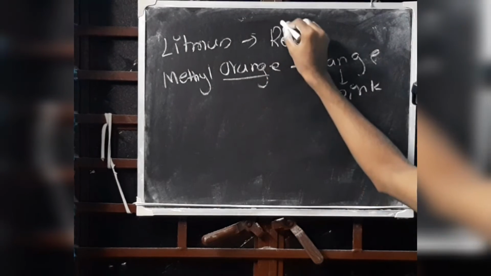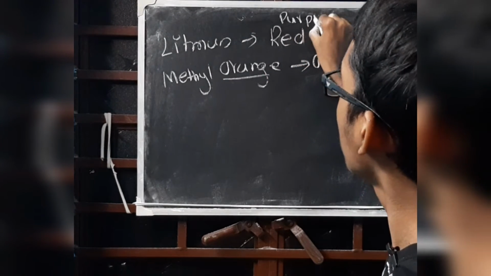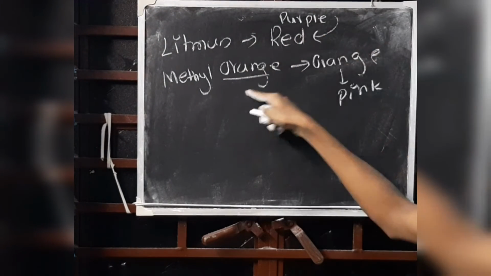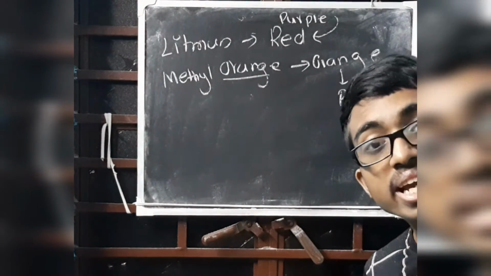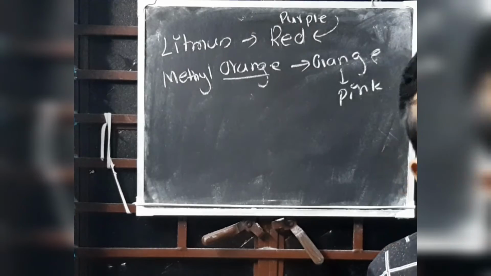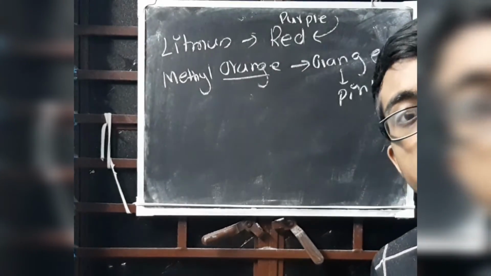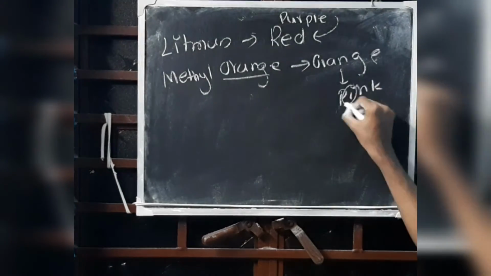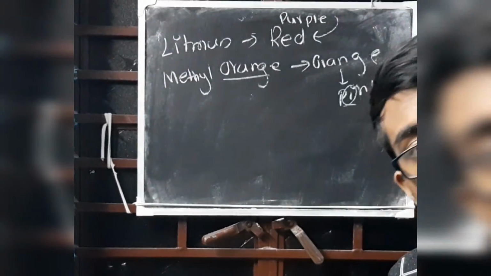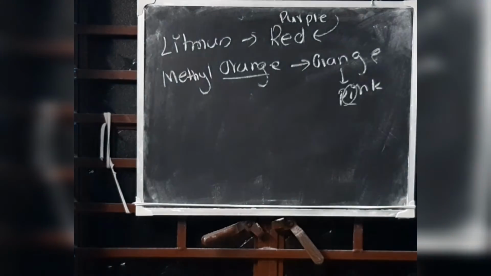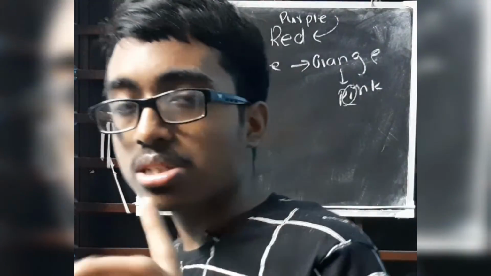Original color for litmus is purple, changes to red. Original color is given in the question. Orange changes to what? Pink. Acid changes it to pink. Hint, word I. Acid has got I. Base has no I. So it is not pink. Clear?